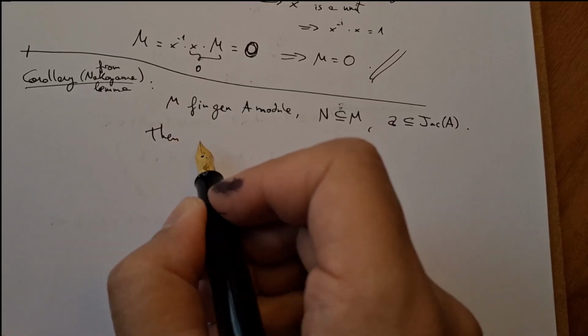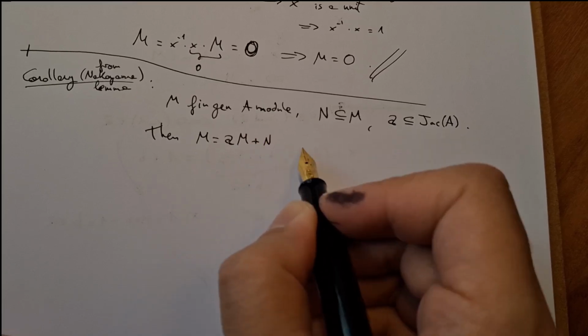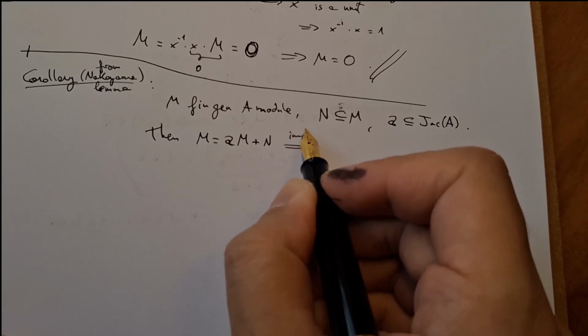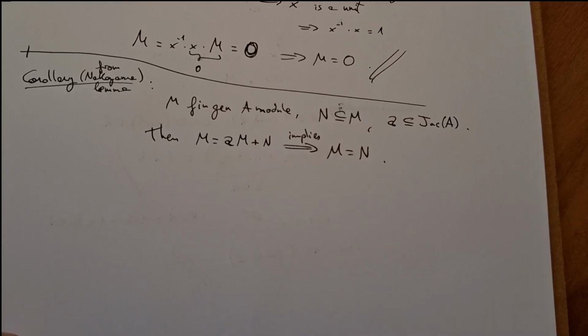Then, having M equals AM plus N implies that M is equal to N.